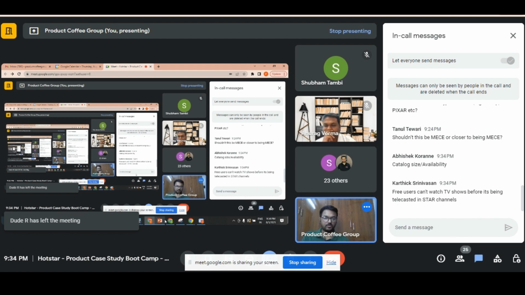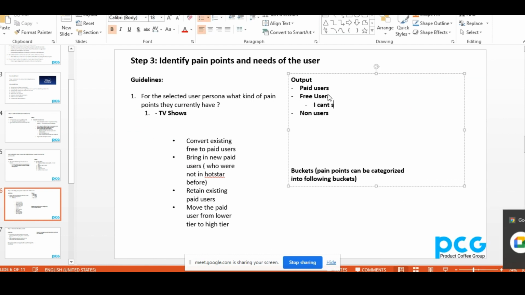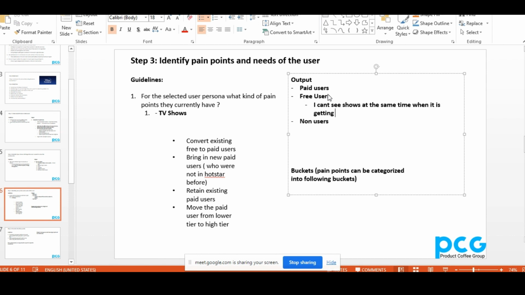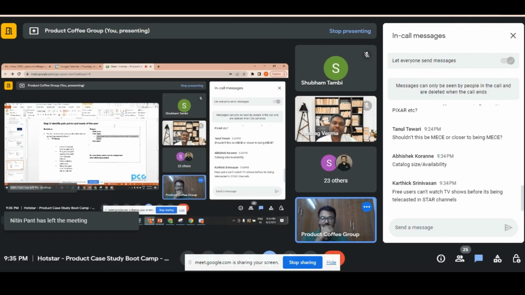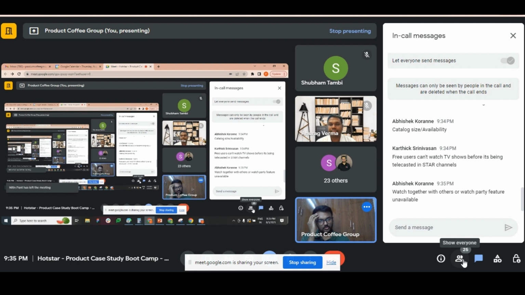Okay, so basically you are saying I can't see shows at the same time when they are getting aired. Any other points? Come on, guys. This is where you show off actually.